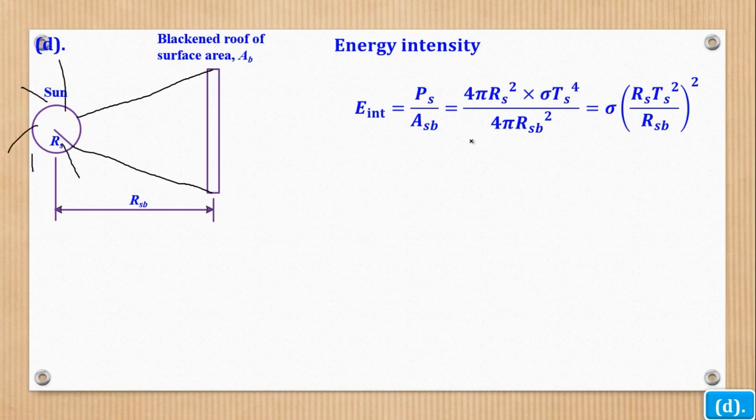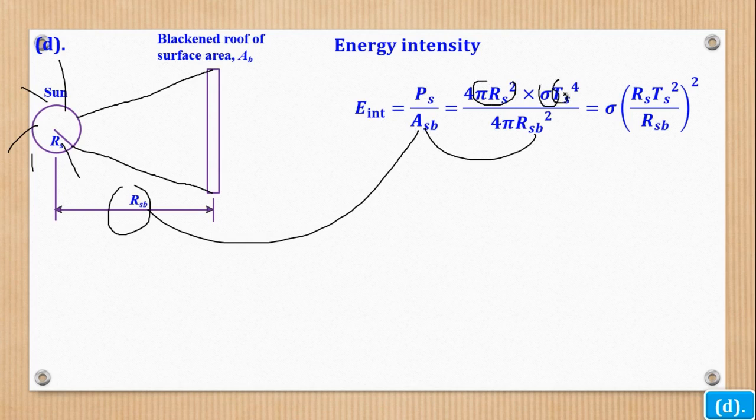So that's why you have to get the surface area of the sphere, and the surface area of that sphere using this as a radius is given by this ASB, with the formula 4 pi r squared. Now the power radiated by the sun has the formula area, then Stefan's constant, times temperature of the sun raised to the power 4.